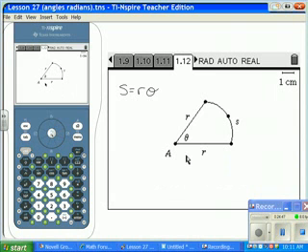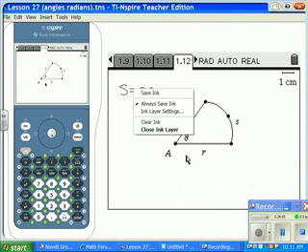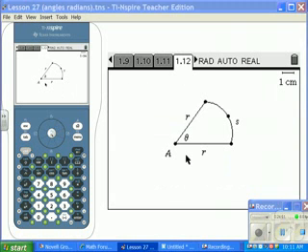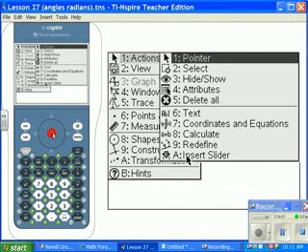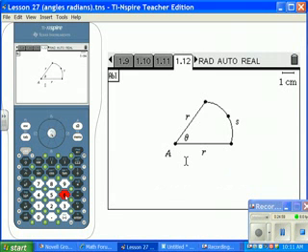So why don't you put in a text box? Do you guys remember how to do that? How do we put in a text box? Menu, actions, text. So I want you to put in a text box, I want you to write out S equals R theta. Where am I going to find theta?